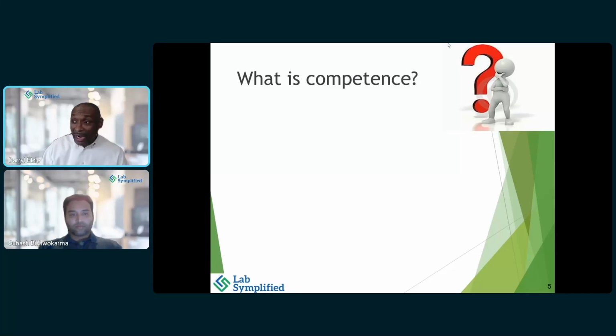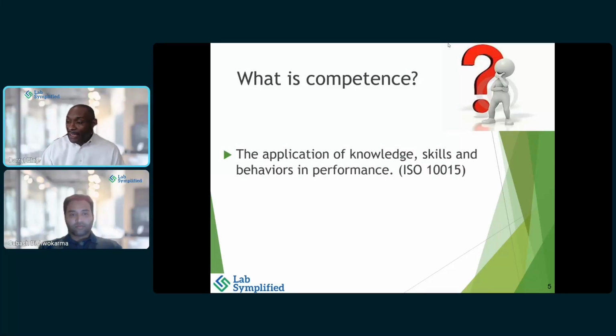So first, what is competence? Competence is the application of knowledge, skills, behaviors, and performance. And what's the important thing here? It's the application. That means actually doing the work. How do you apply all that knowledge, skills, and behaviors that this individual has brought to you, in your laboratory, to perform those patient tests? How do they do it? Those SOPs, that's what we're talking about.